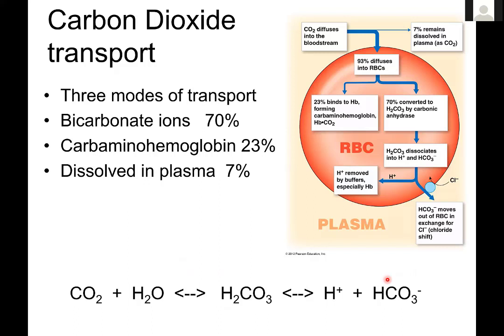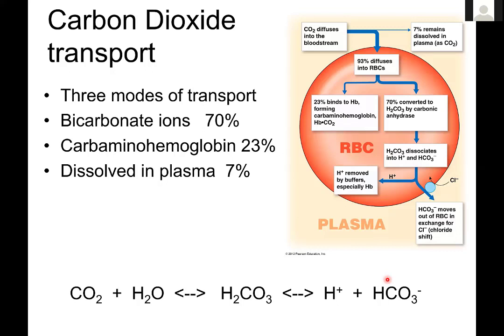So although we consider carbon dioxide to be a quote-unquote waste product of metabolism, it actually has a really important role in regulating our body pH. So we have to talk about carbon dioxide transport for that reason.